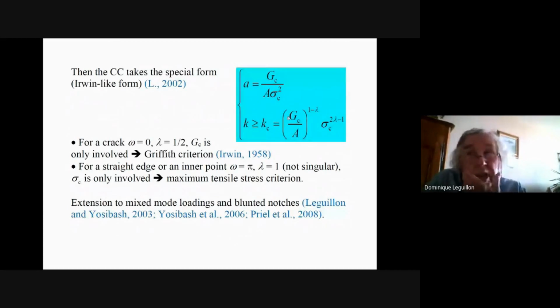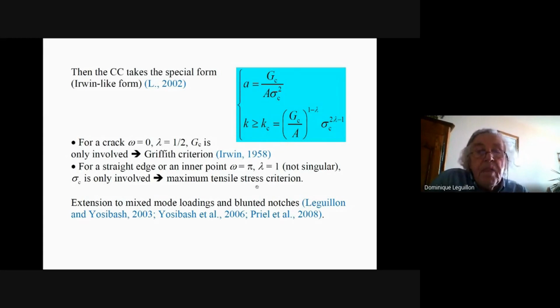It is indeed the Griffith criterion written under the Irwin form, because it involves GC, like Griffith suggests, and the general stress intensity factor, but for a crack, the stress intensity factor is the stress intensity factor, so that you get that the stress intensity factor must be larger than K1C. It is, for a crack, called this way, and it involves GC.